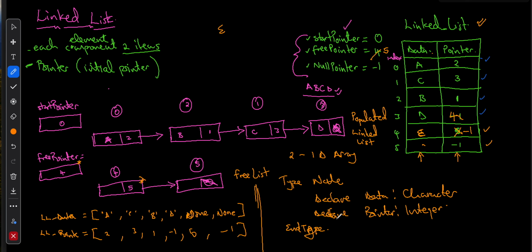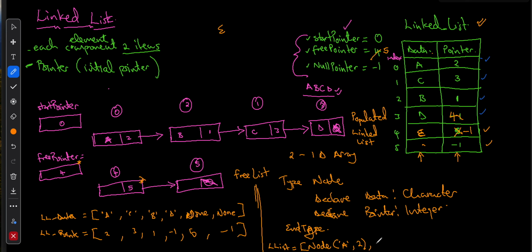So if I'm going to be implementing this now, I would use a 1D array that is of type node, containing elements that are of type node. You get the point? So I can just say linked list is equal to, my first element is now going to be a node with A and 2. That's going to be my first element.